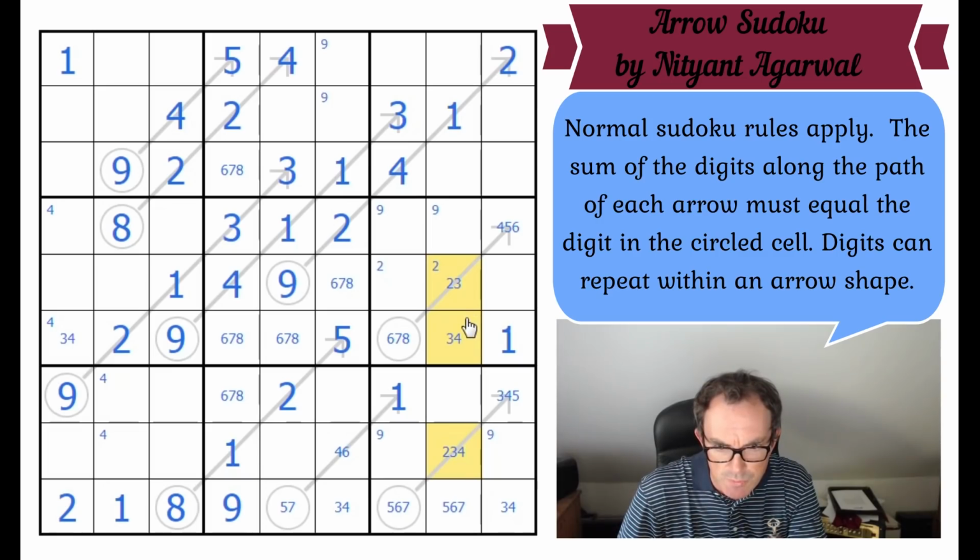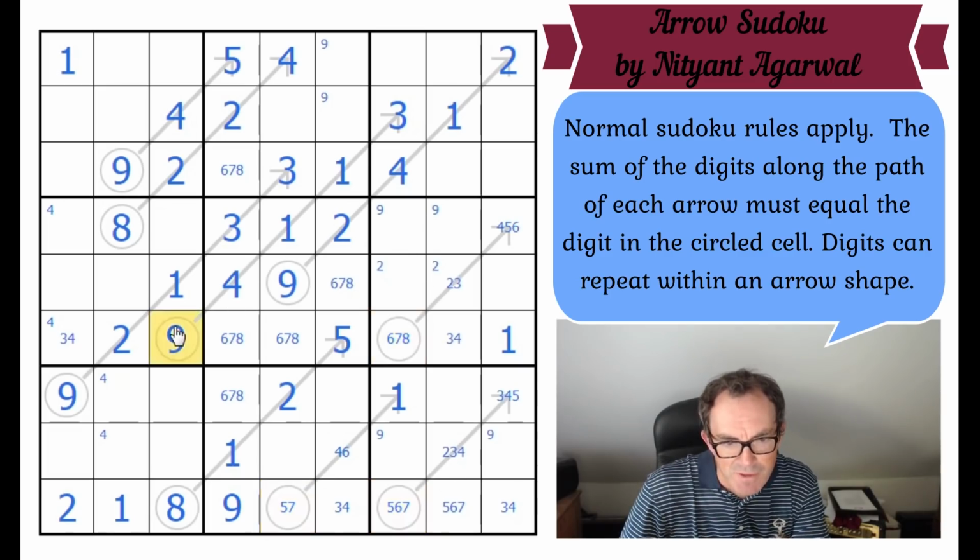I'm not sure. I feel like I've got to somehow use these arrows, because it's quite interesting. It feels as a constructor, what Nityant's probably done is he's built this beautiful beginning. So he would have got this pattern, and now he's got to put other arrows in, because these arrows did not affect this pattern at all. So these arrows are here, I think, to help us now.